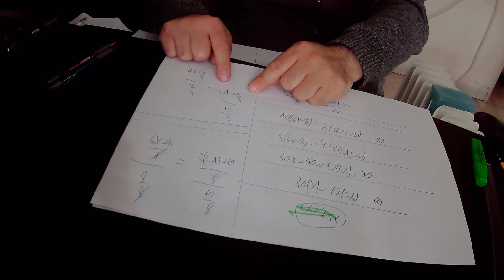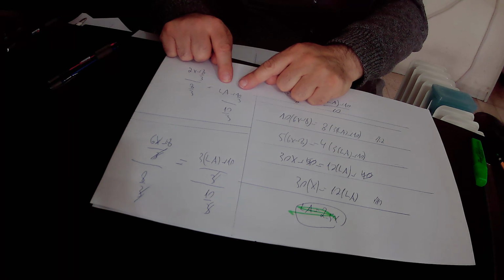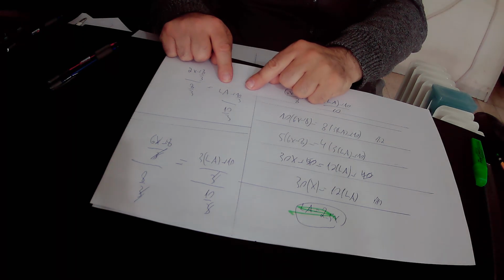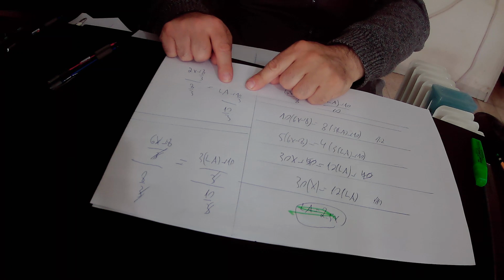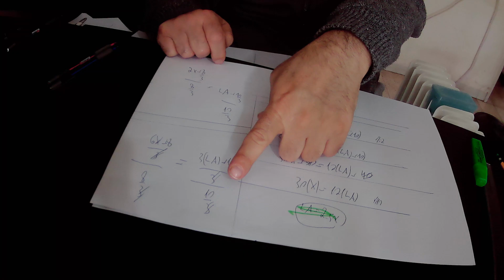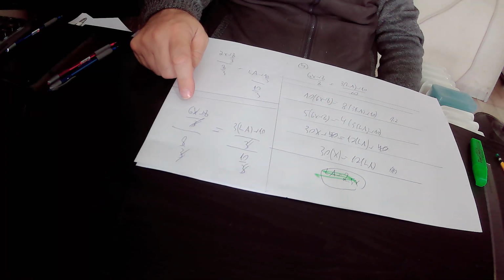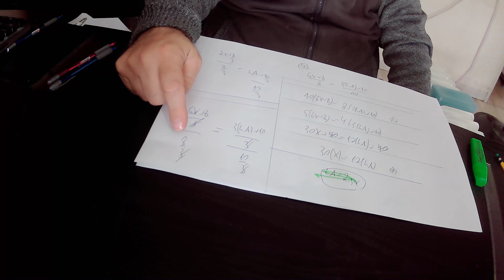Here we multiplied LA by 3 and then we divided by 3 in order to become a common factor with 10 over 3. So 3 times LA is 3LA. So in total, in the numerator we have 3LA plus 10 over 3 over 10 over 3. So on this side of the equation we have 3 in the numerator and 3 in the denominator, so 3 will get cancelled.